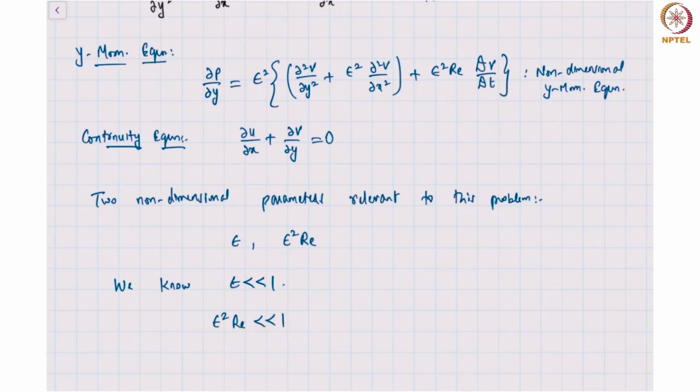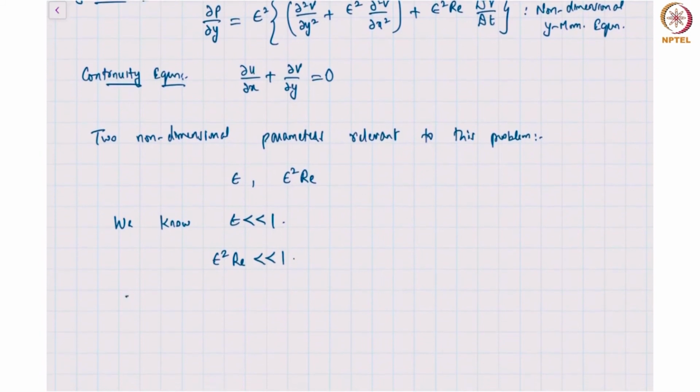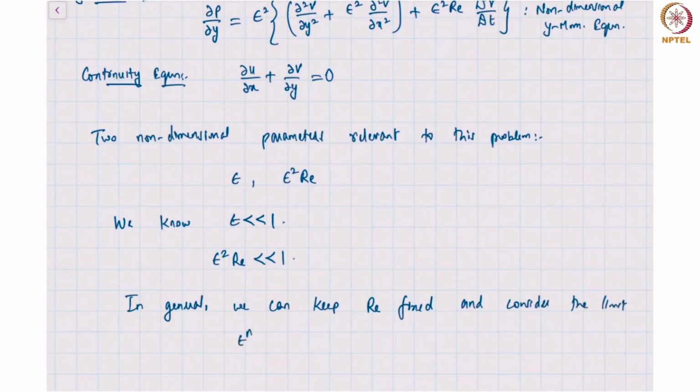So in practice what we would do is we would say the Reynolds number is fixed, but the product of epsilon square with Reynolds number makes this term very, very small. So in general, we can keep Re fixed and consider the limit epsilon power n times Reynolds number goes to 0 as epsilon goes to 0.